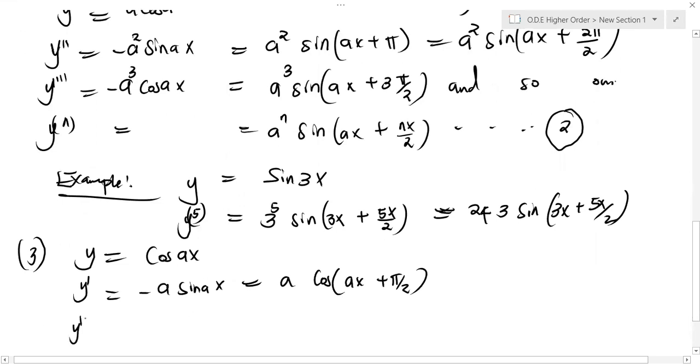Differentiating the second time, y double prime, will give us minus a squared cos ax, and this is the same as a squared cos of ax plus pi.